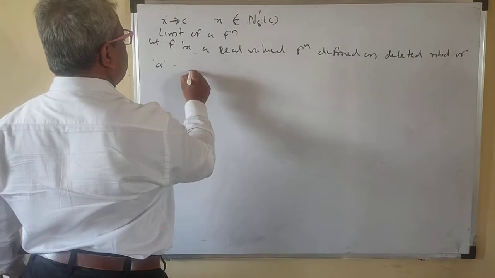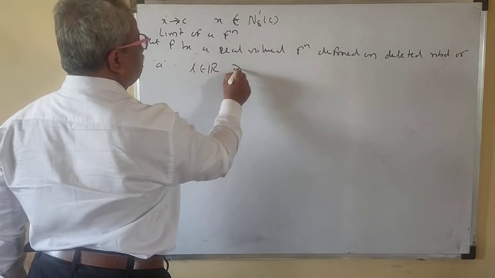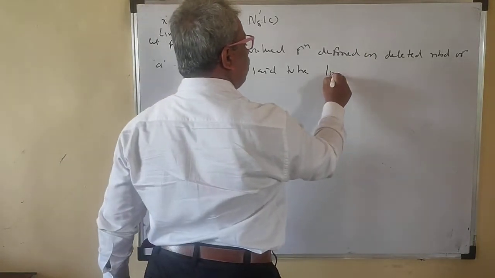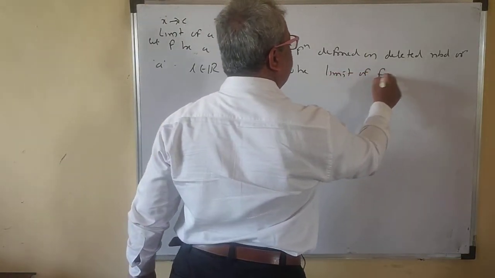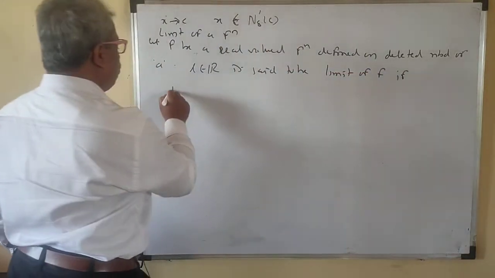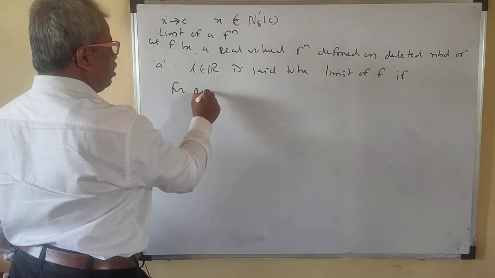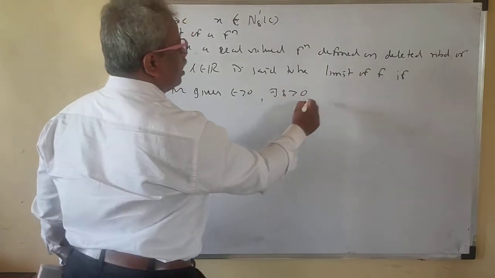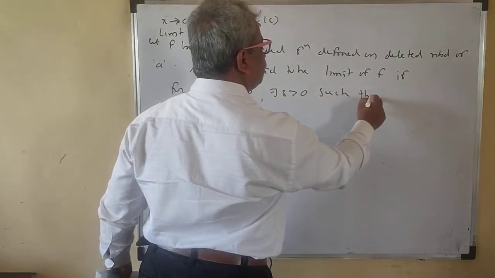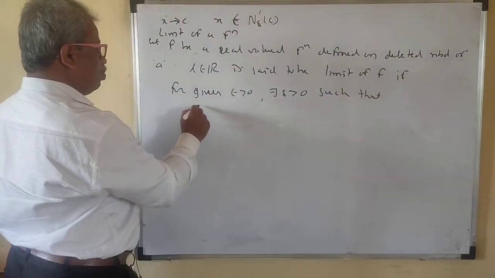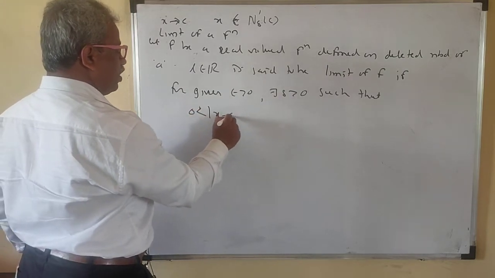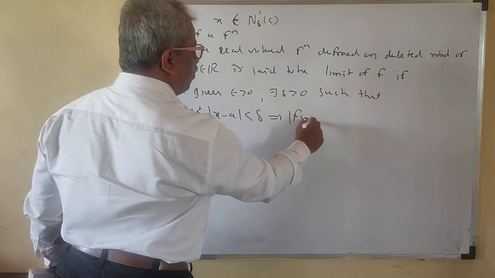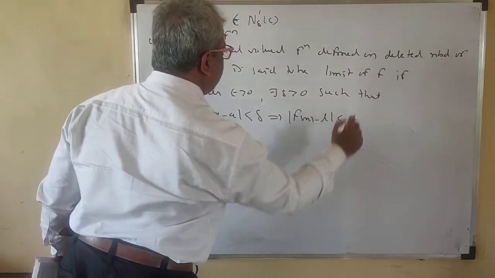The real number L belongs to R is said to be the limit of f if for given epsilon greater than 0 there exists delta greater than 0 such that 0 less than mod of x minus a less than delta implies that mod of f of x minus L is less than epsilon.